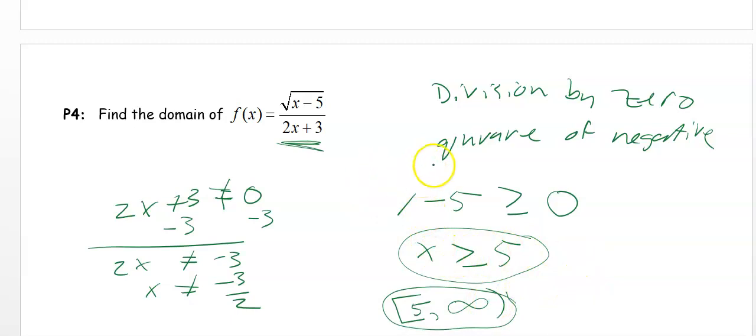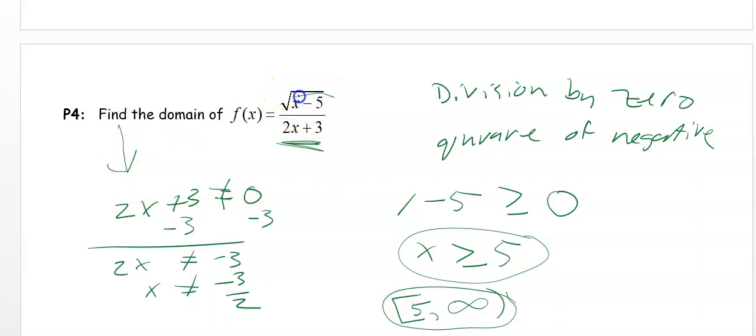Don't try to look at the problem all at once. Remember the two things you're looking for. Is there any way I could put a number in for x that would cause division by 0? Because there's an x in the bottom of a fraction, that's a possibility here. So I have to do this over here. Now, the other thing is, do I have an even radical? Yeah, there's no number here, so that's a 2.